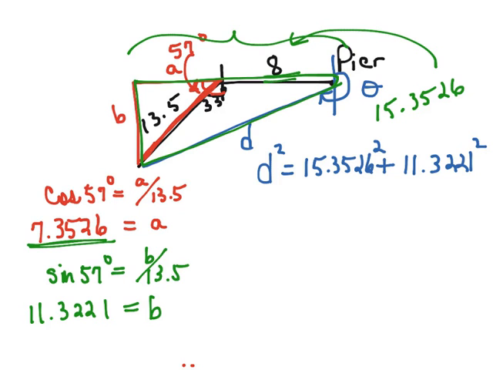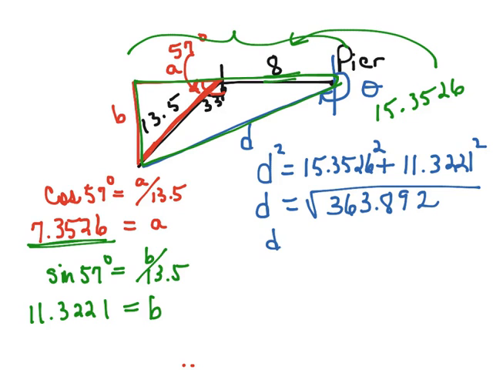And so D is going to equal the square root of this. 15.3526 squared plus 11.3221 squared is 363.892, we'll say, and then take the square root of that.